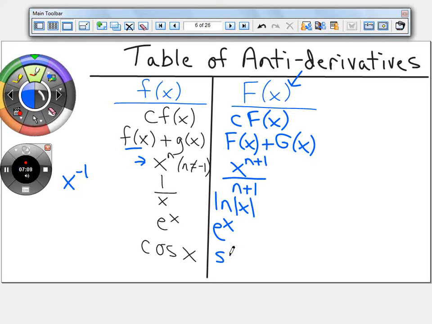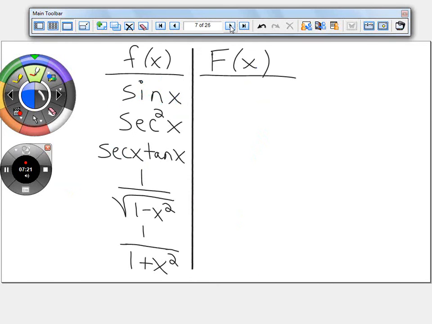And so you might remember that that would be sine x. So if I took the derivative of sine x, I would get cosine x, so that's why that's the antiderivative. A couple more. If I knew the derivative was sine x, well, that would be cosine x.